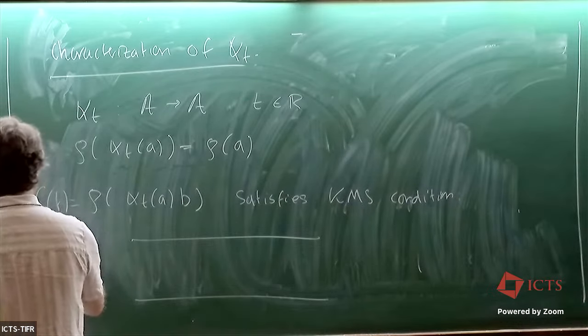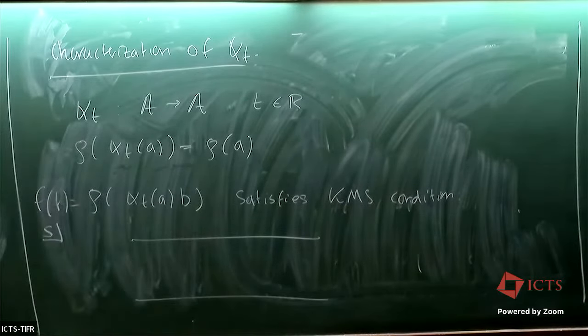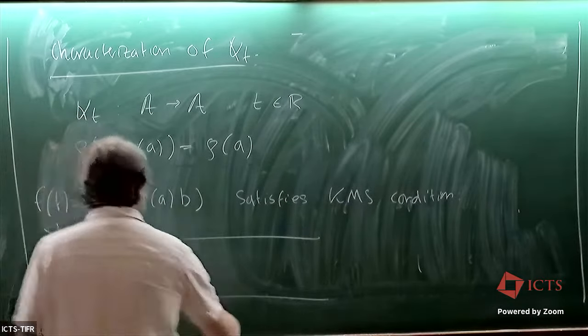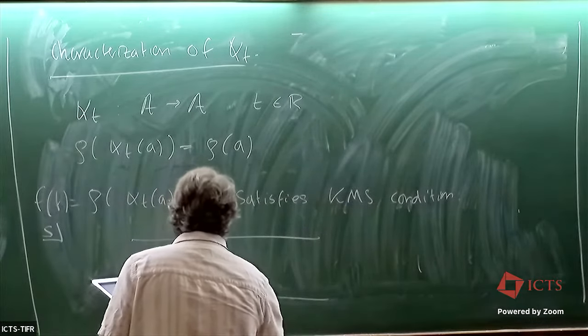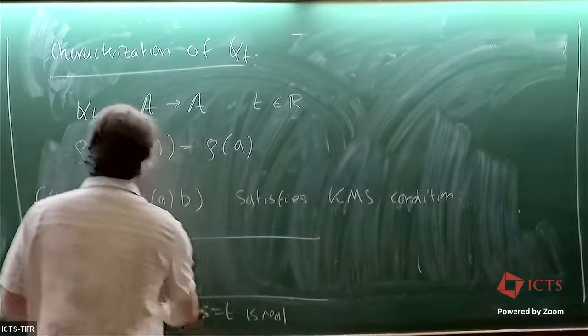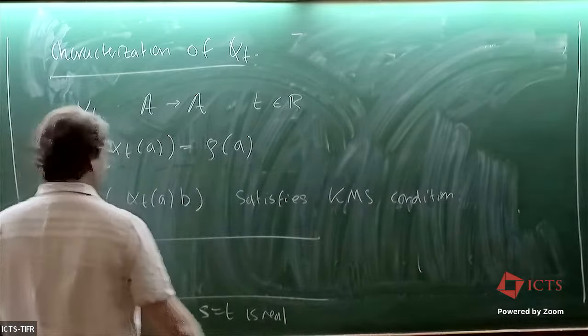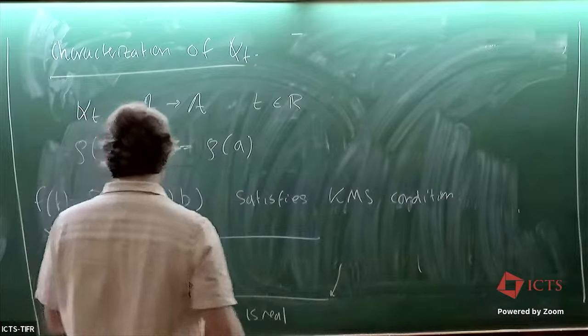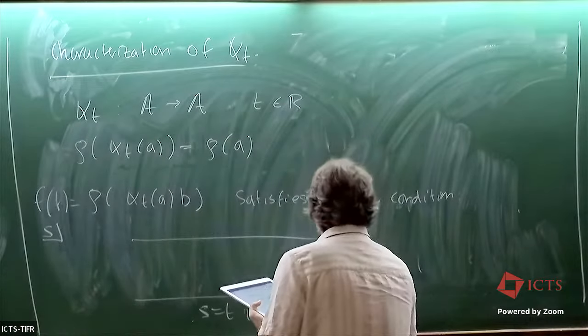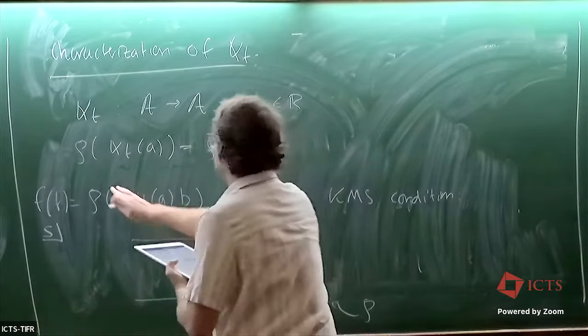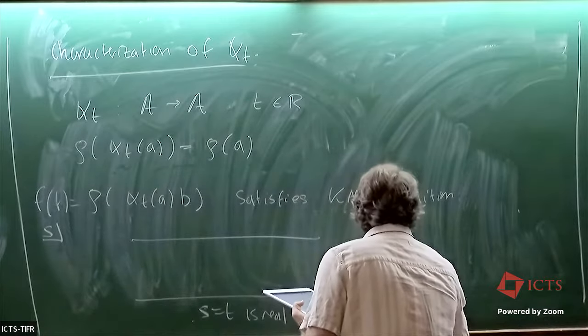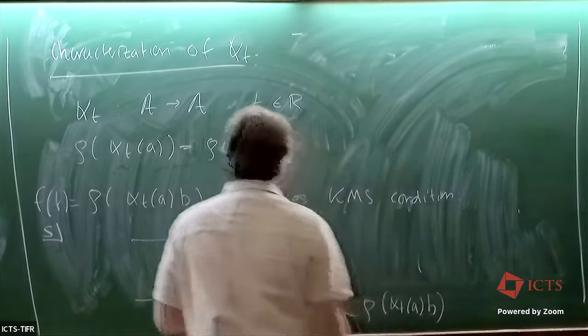We define this complex strip S, and if I look where t is real, down the bottom of this strip, then the function is equal to the original function, alpha t of a times b.